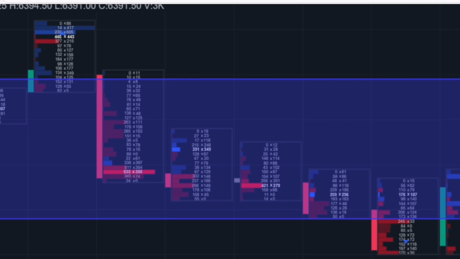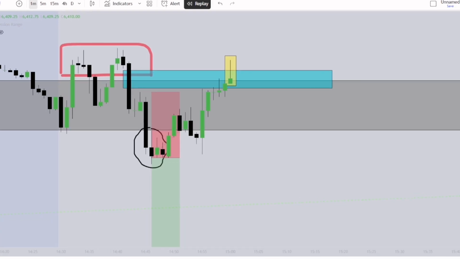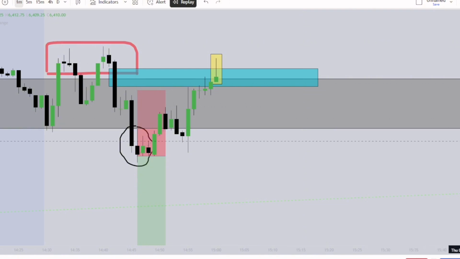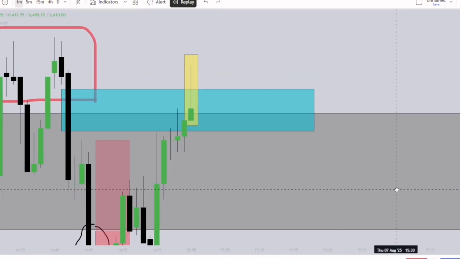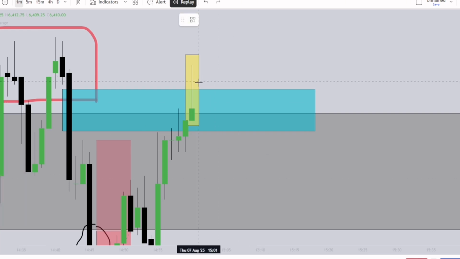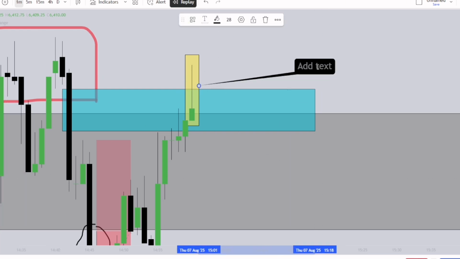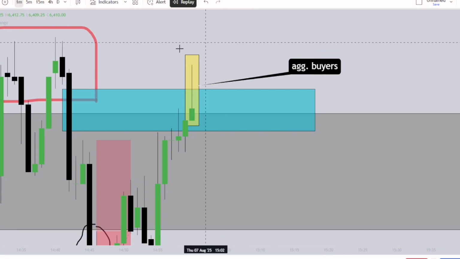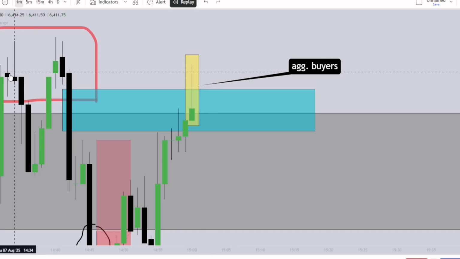When you come into a fair value gap, what are you looking for? A lot of traders don't know. What you're looking for specifically is the absorption of aggressive buyers, so I'm writing here AGG buyers. When you see the absorption of aggressive buyers, that means buyers are being exhausted in this region.